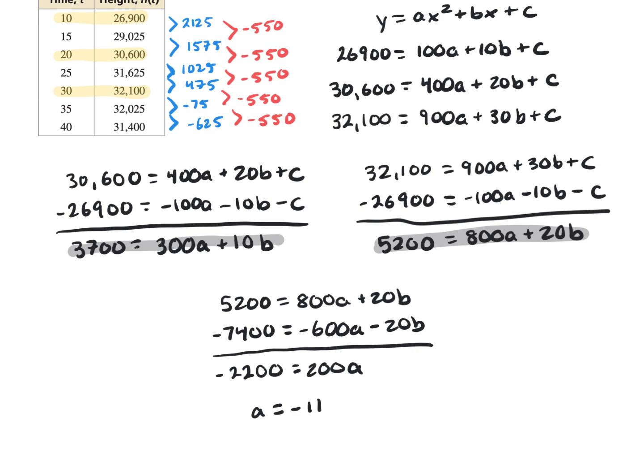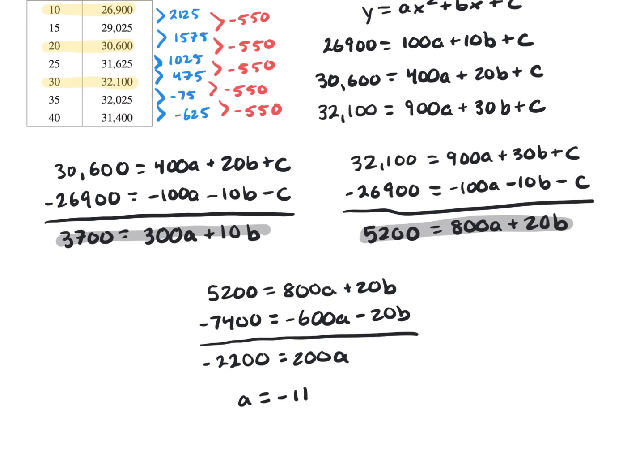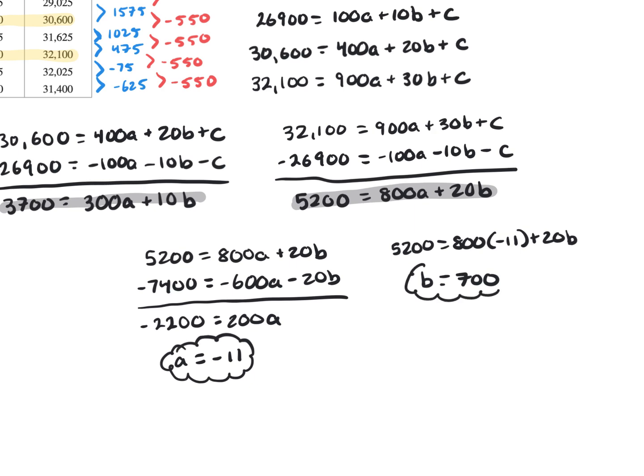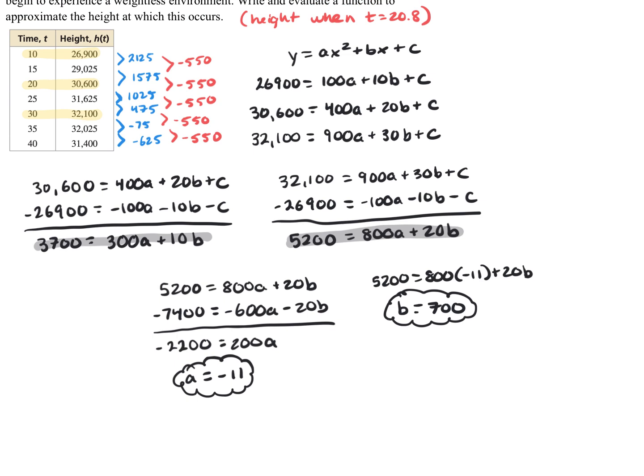And then we just start back substituting into any of our equations. So if I substitute this back into this equation here, and you solve for b, you should get b equals 700. So we have our a value, we have our b value, and then we can go back and substitute into any of our original 3 equations for a and b.